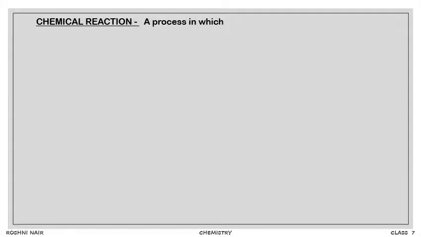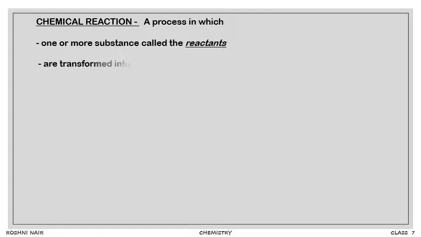So before we start today's topic, let us just revise the term chemical reaction. Chemical reaction is defined as a process in which one or more substances called the reactants are transformed into one or more different substances called the products.